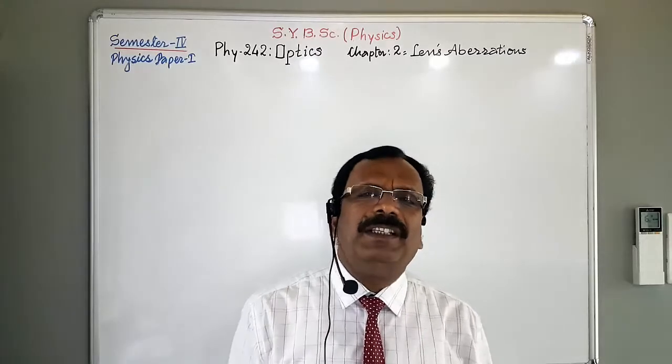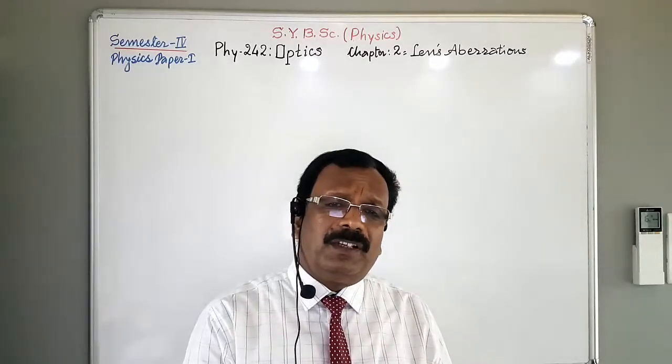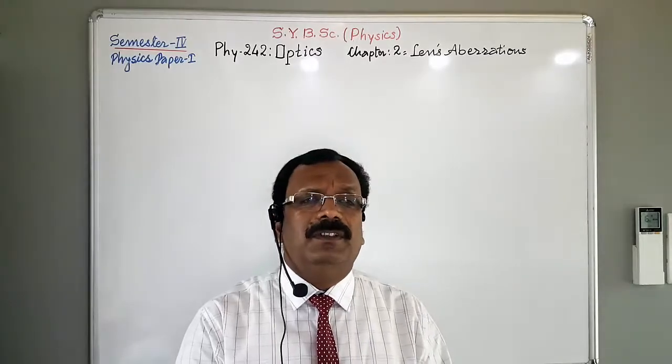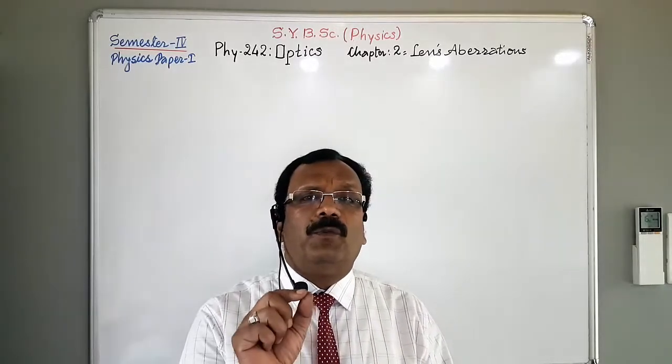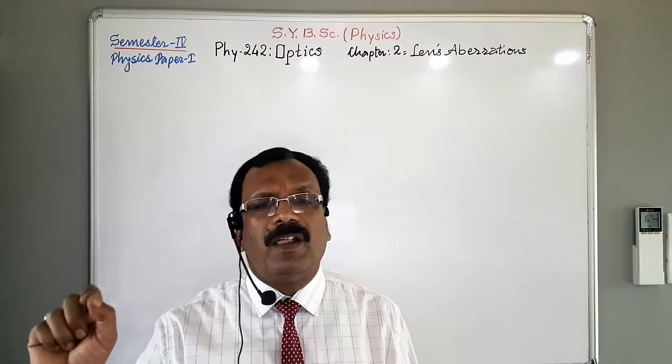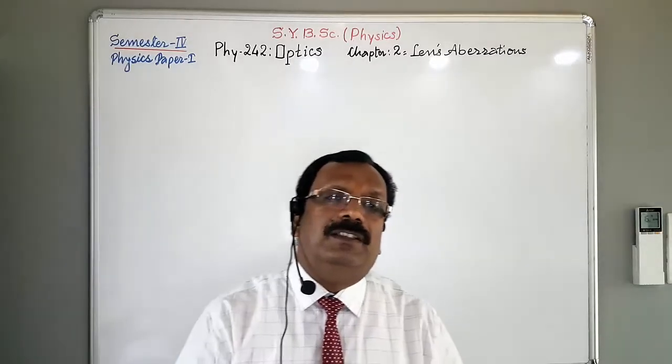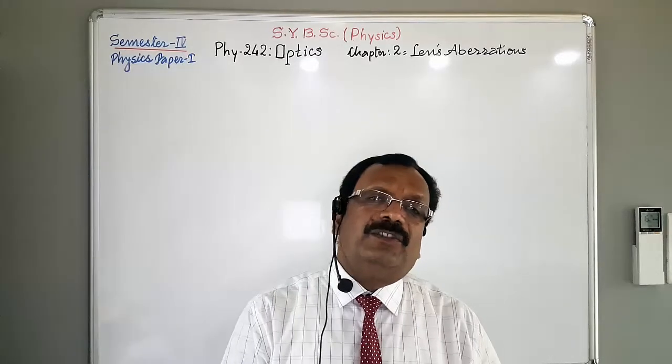The same thing happens here. That means what? In chromatic aberration or coma, the image of a point object is not formed at a single point on the axis of the lens.